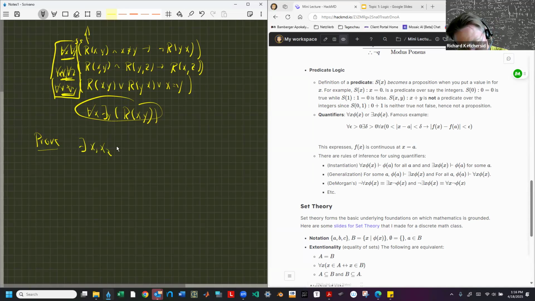By the way, when I write several variables like this, I'm really just shortening there exists x1, there exists x2, there exists x3. So I've got at least three things in order.